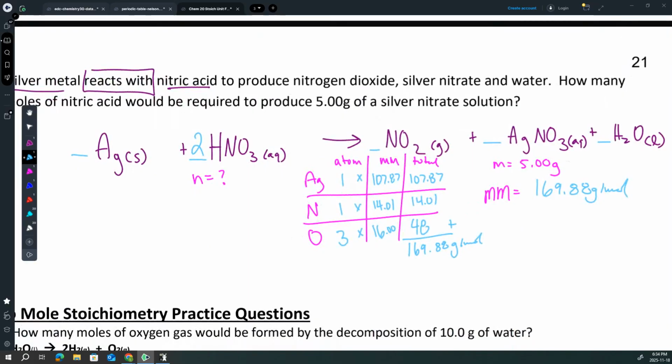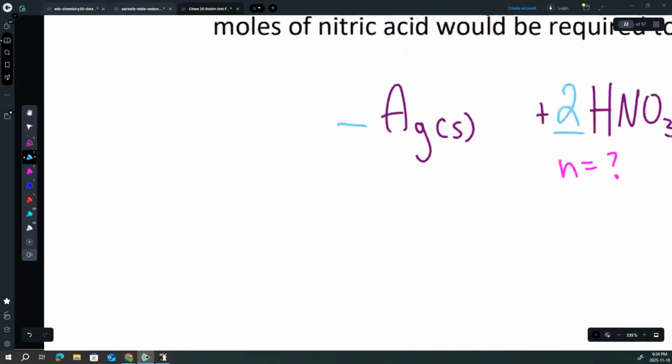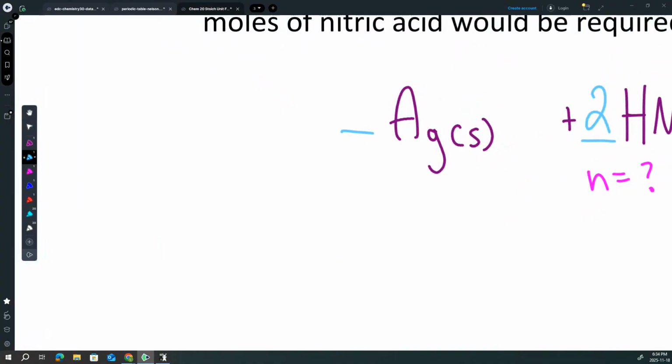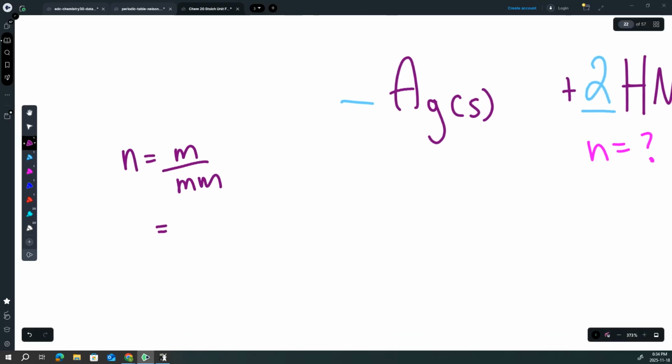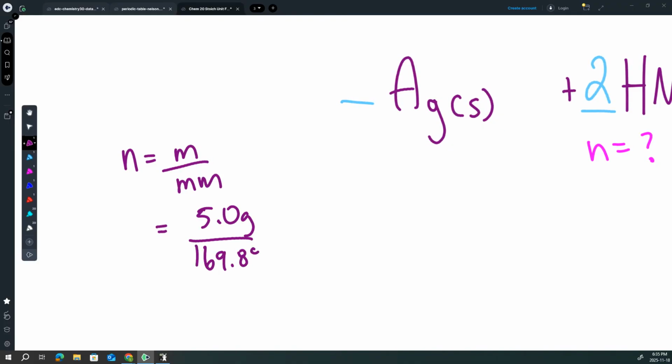So I should be writing this over here. I'm going to have to start my calculation over here. So moles is equal to mass divided by molar mass. So we got our balanced chemical equation. We need to find our moles of our given substance. So that's why I'm starting with this. So we're going 5 divided by 169.88 grams per mole.